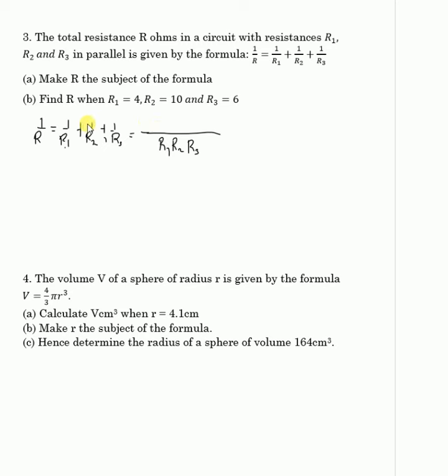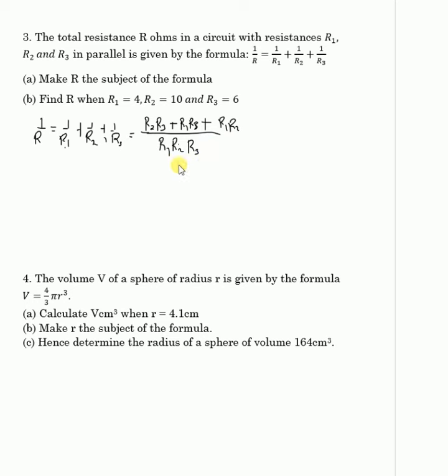So R2 R3 times 1, you have up there R2 R3, plus this one divided by that, we remain with R1 R2 times 1, R1 R3, not R2. So you have R1 R3. Then plus, when you divide R1 R2 R3 by R3, you get R1 R2.